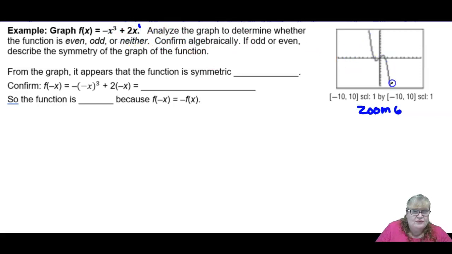They got this graph, and so therefore it does look the same if we turn it 180 degrees. So it appears the function is symmetric to the origin.